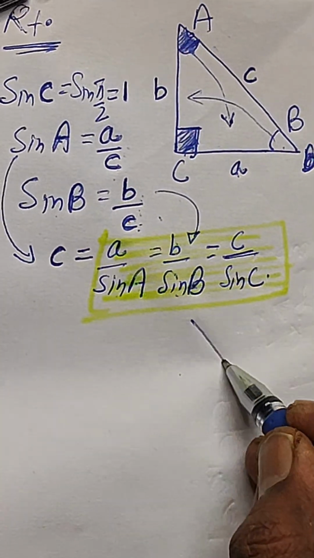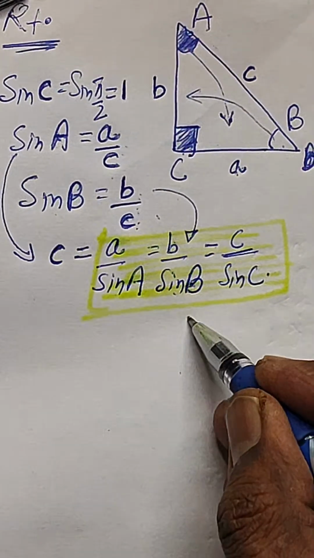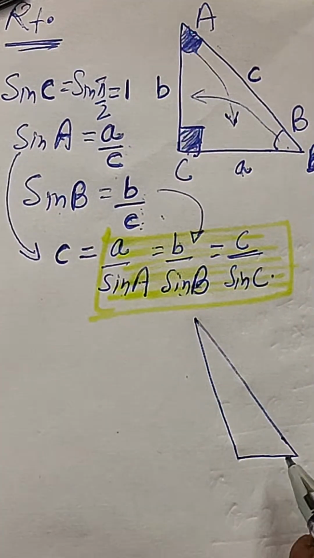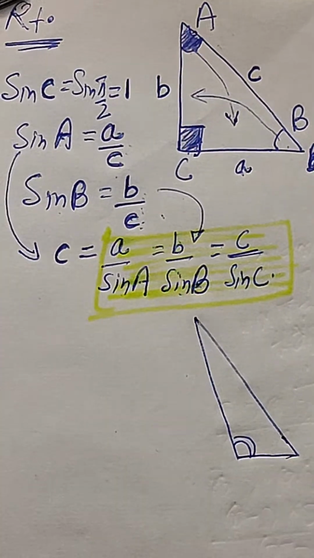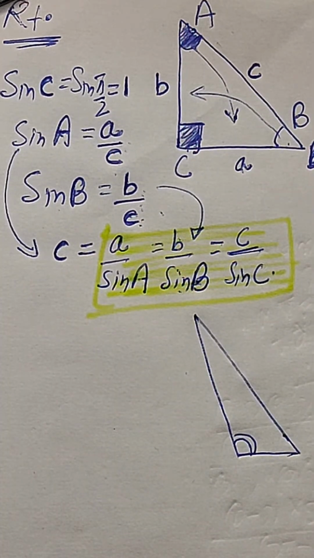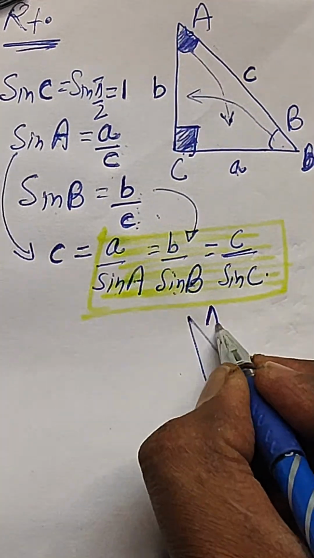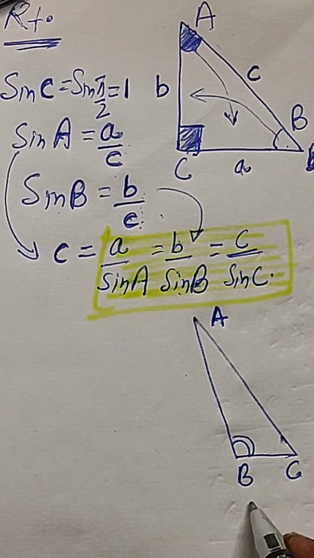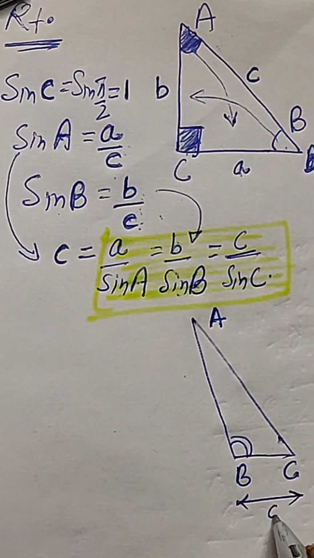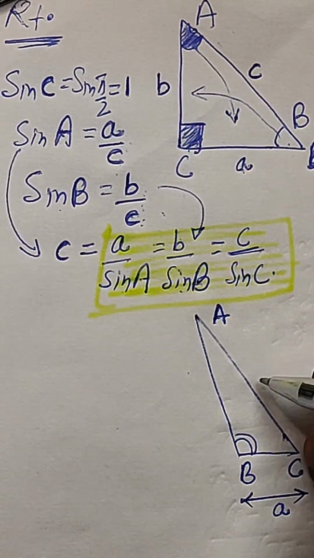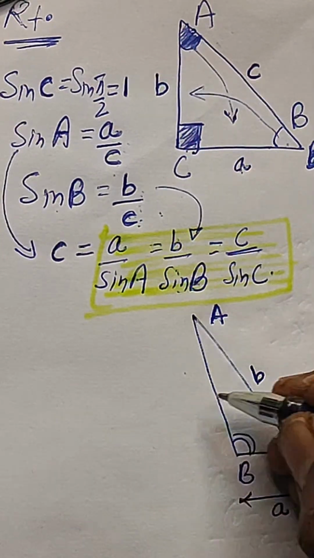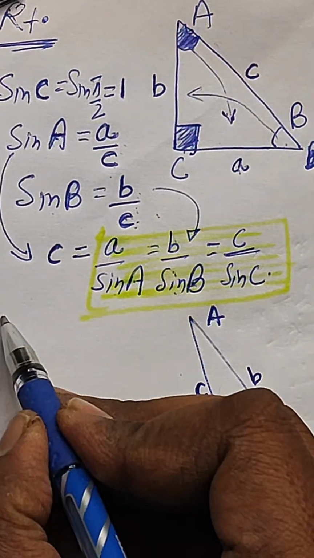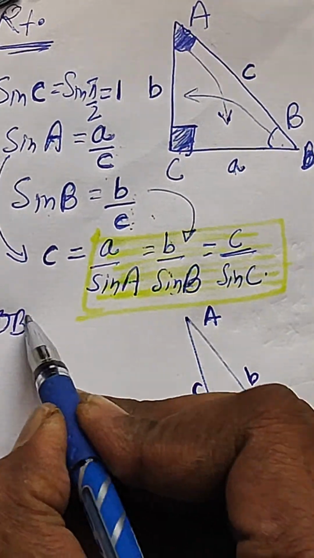If it is an obtuse triangle, that means one of the angles is definitely greater than 90 degrees. Let us say this angle is greater than 90 degrees, and the triangle is A, B, C. Similarly, as we have seen, the length of BC is small a, here it's small b, and here it's small c. So this is the case for the third one, the obtuse angle.